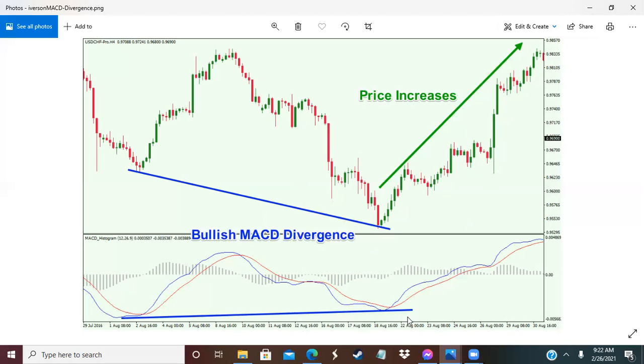There ends up being a MACD cross, which occurs here, and you just watch the price go up from there. All right, so that's the MACD. Those are two of the ways that you can use the MACD to your benefit. All right, so that's how that works.